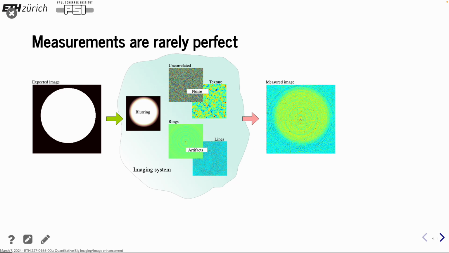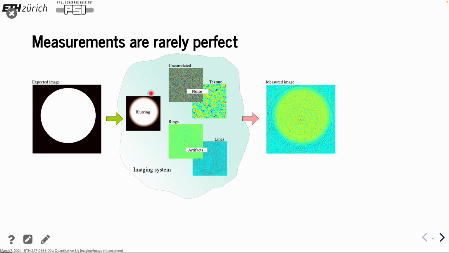When you do a measurement, you have some impression or expectation of what it should look like. Let's say you did tomography of a rod or ball, and then you would expect a homogeneous image like this. But thanks to the imaging system, you will have blurring, because you have an optical system that applies some blurring to the image.